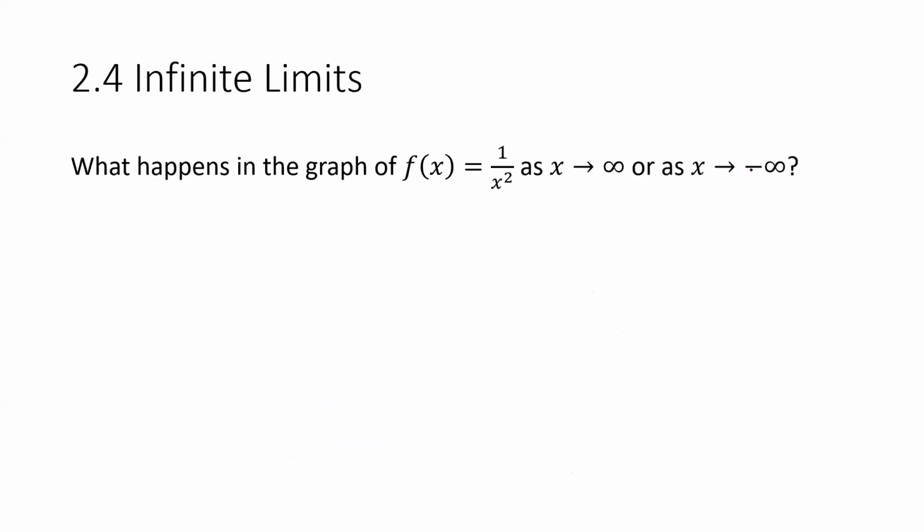On the other hand, what happens to the function f of x equals 1 over x squared as x goes to infinity or as x goes to negative infinity? I'm going to think of it in the same way. Let's look at a table of values and see what we can deduce from that.